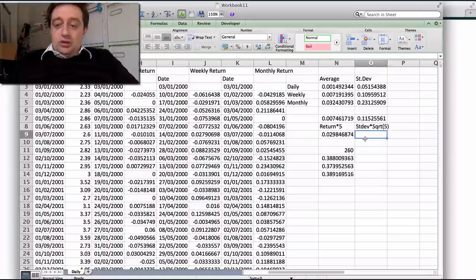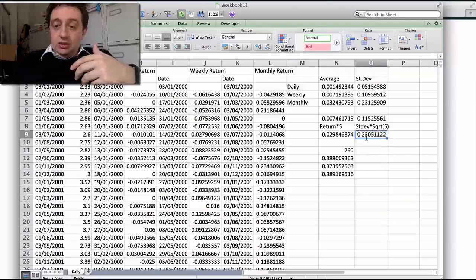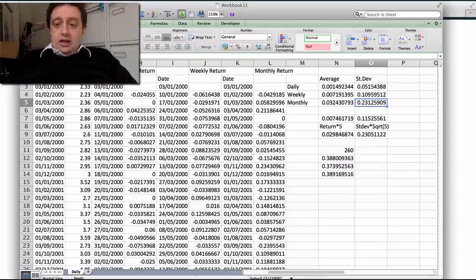If we were to do it to the monthly, it's the standard deviation multiplied by the square root of 20 days, because it's a square root here. And you can see 23.05% is really quite close to 23.12%.